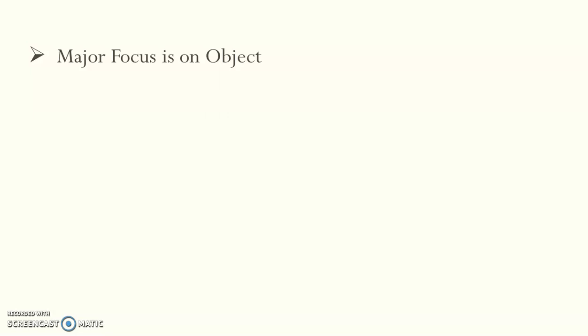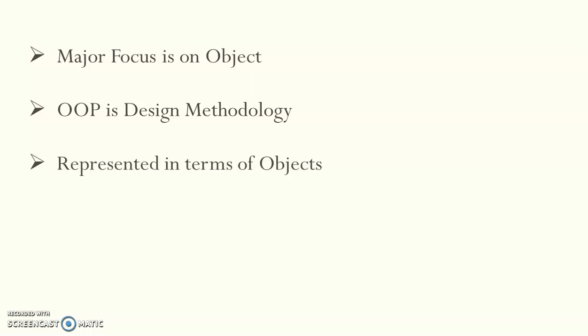OOP is considered a design methodology for building software. In object-oriented programming, every logic is written to get our work done, but represented in the form of objects. OOP allows us to break our problems into smaller units of work that are represented via objects and their functions. Here, we build functions around the objects.